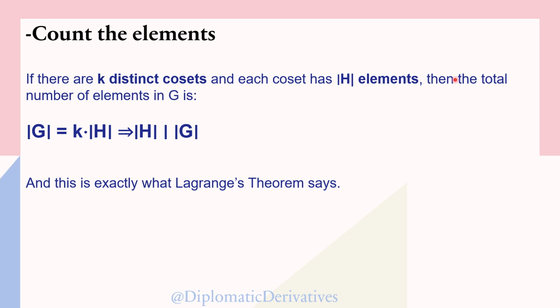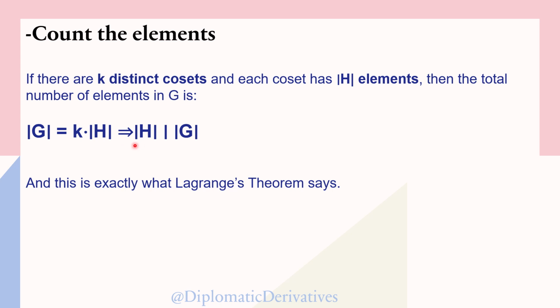It's a basic understanding that if the number of cosets is k and their size is order of H, then the total is the order of G. So the order of G will be equal to k times order of H, because the total number of cosets is k and the size of each coset is the order of H.